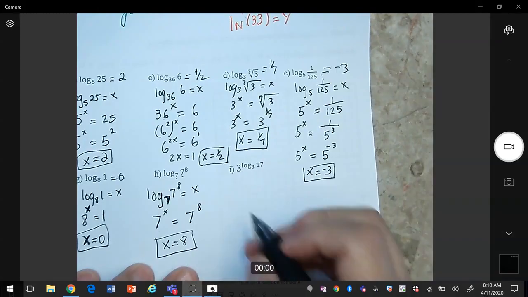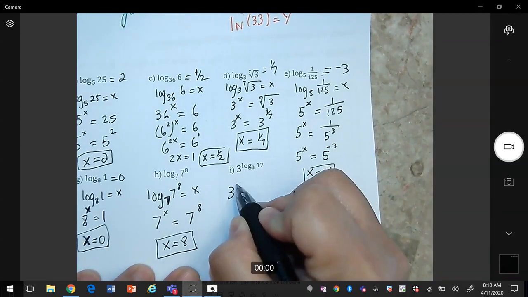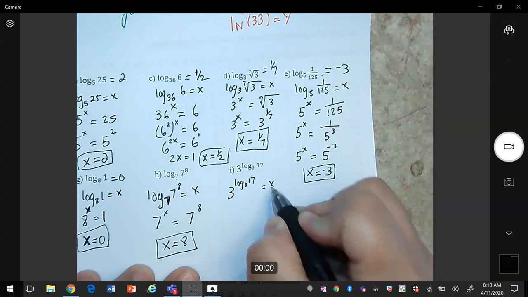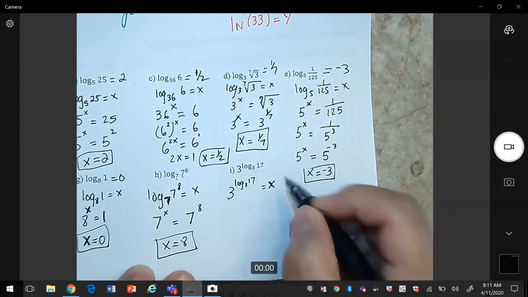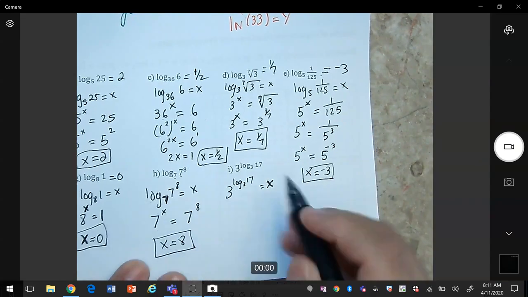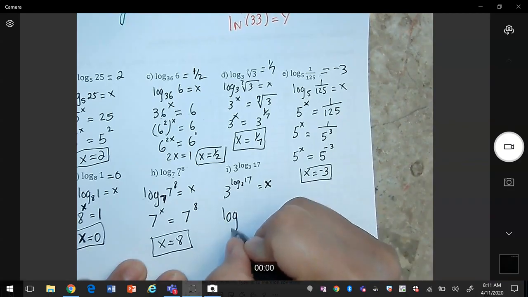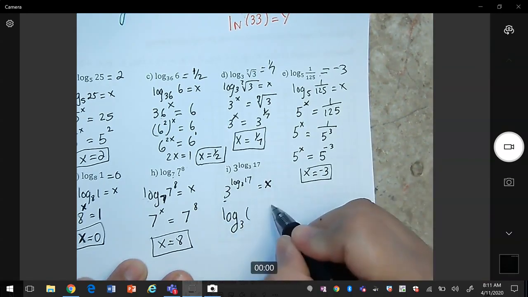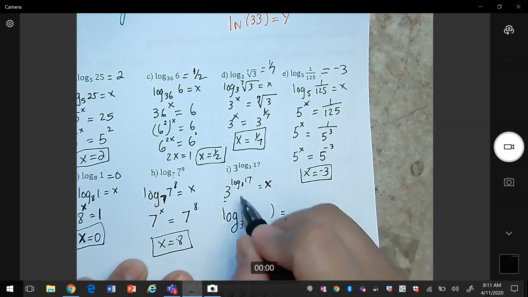And then the last one here, this is actually written as an exponent, because notice we start with the 3 instead of log. So I'm going to change this to a log. My base is 3. The log is always equal to the exponent.